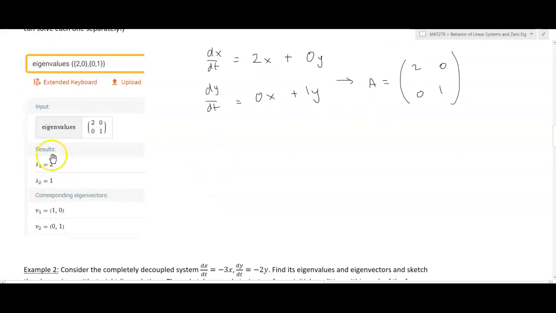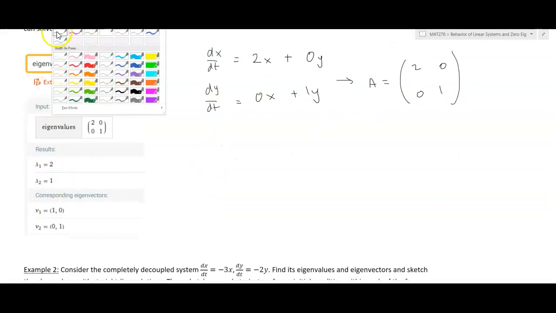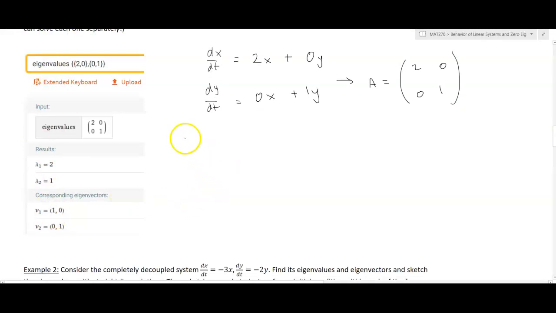And so lo and behold, we get our lambda and we get our v1, v2. So that means that the solution vector is going to be k1 e to the 2t times v1, and v1, we should note, is the vector (1, 0), plus k2 e to the 1t times v2, which is (0, 1). And notice that when this distributes, the k1 e to the 2t will just end up in the x position.